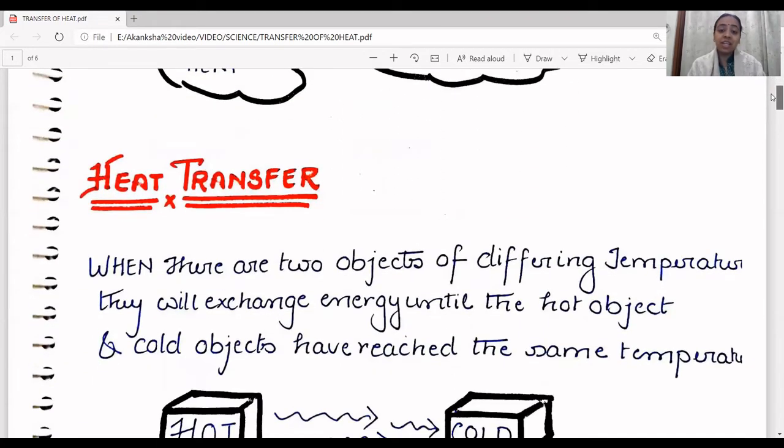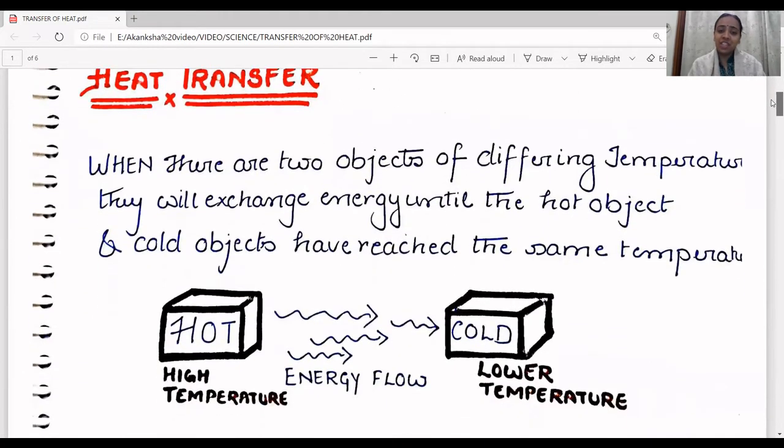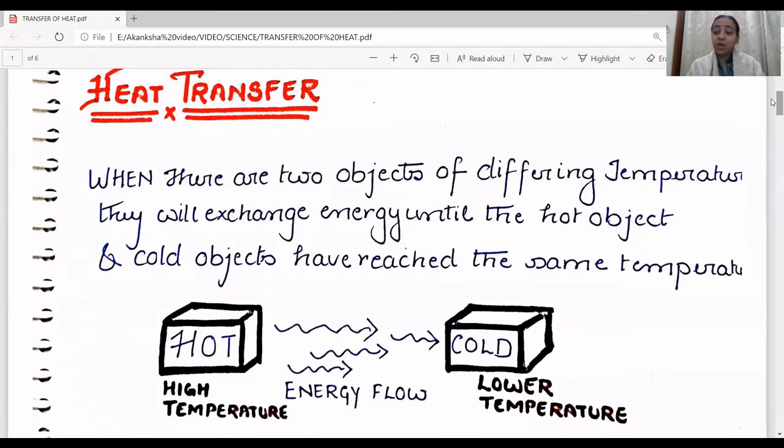Now, what do you mean by heat transfer? Just now I said, when you put on a gas flame and you keep a utensil on it, probably you are heating milk, right? When you heat milk in a utensil on a gas flame, the utensil first becomes hot, right? Therefore, the gas flame is transferring the heat to the utensil.